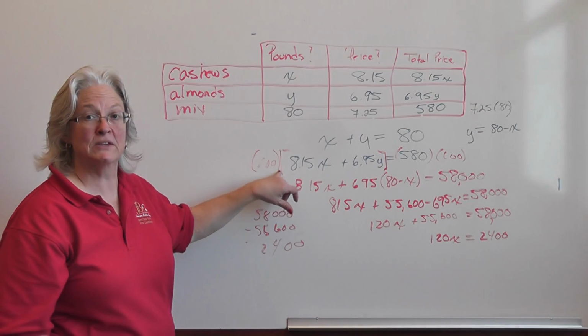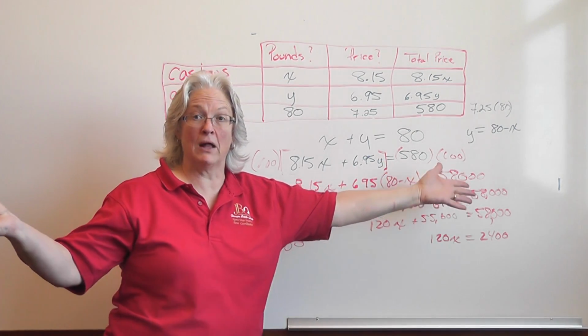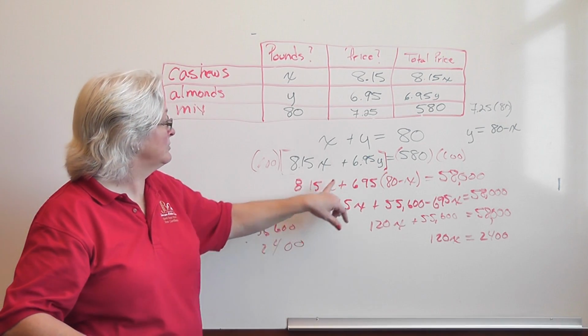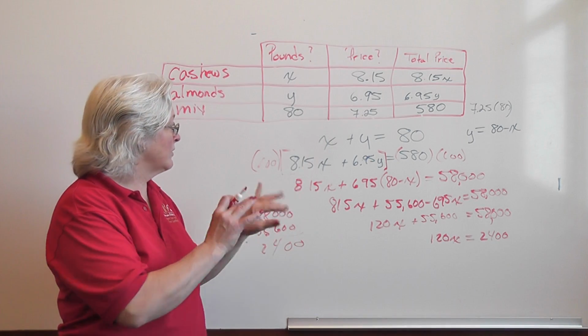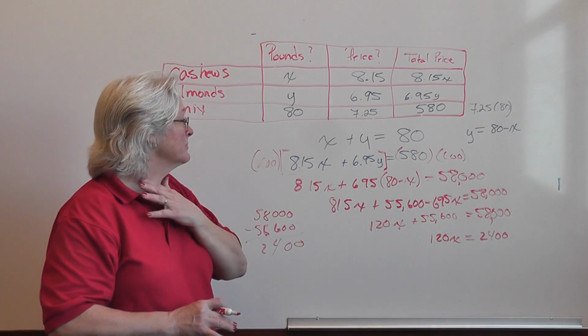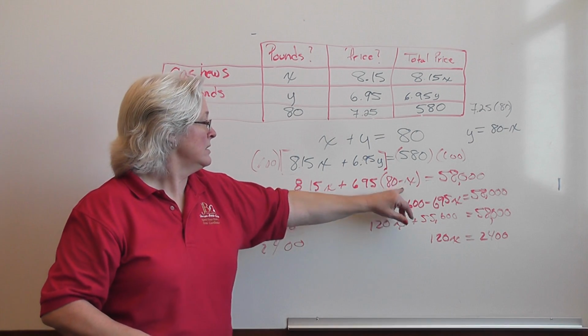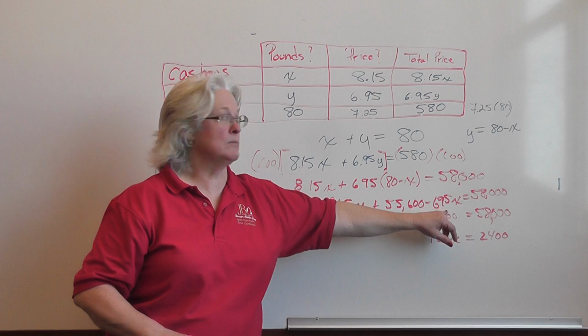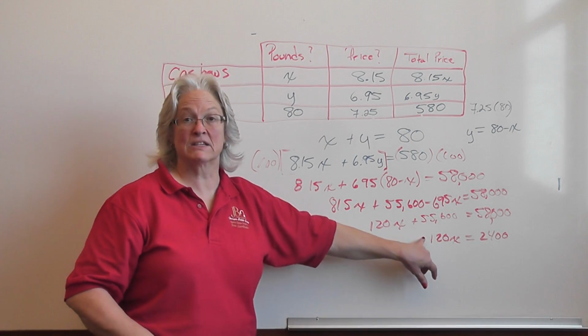We multiplied this second equation by 100 on both sides, keep it in balance, so that we were able to eliminate the decimal points. We converted into whole numbers here. We distributed 695 times 80 minus 695 times x, collected like terms, isolated the variable.